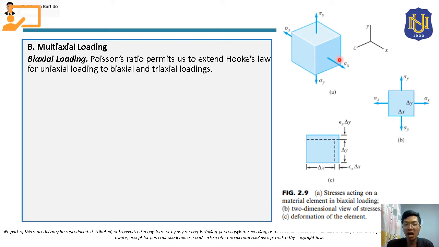Biaxial loading means that the loadings are directed along two axes. This is our reference axis: the x-axis is directed this way, the y-axis this way, and the z-axis this way.